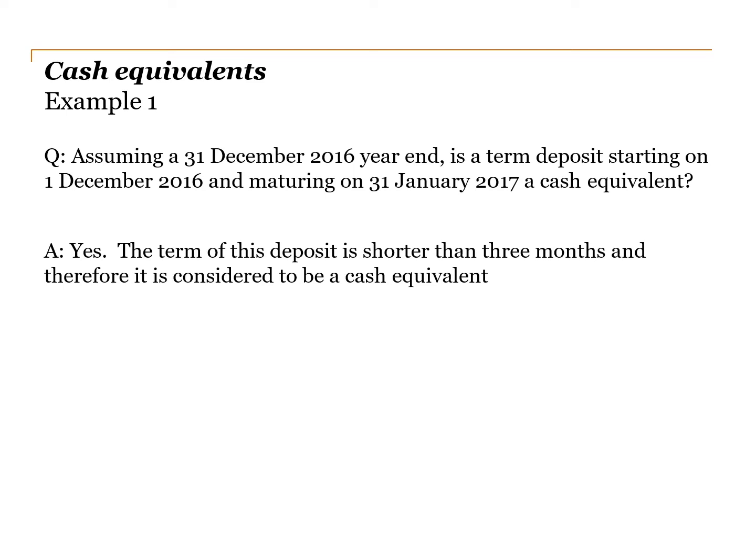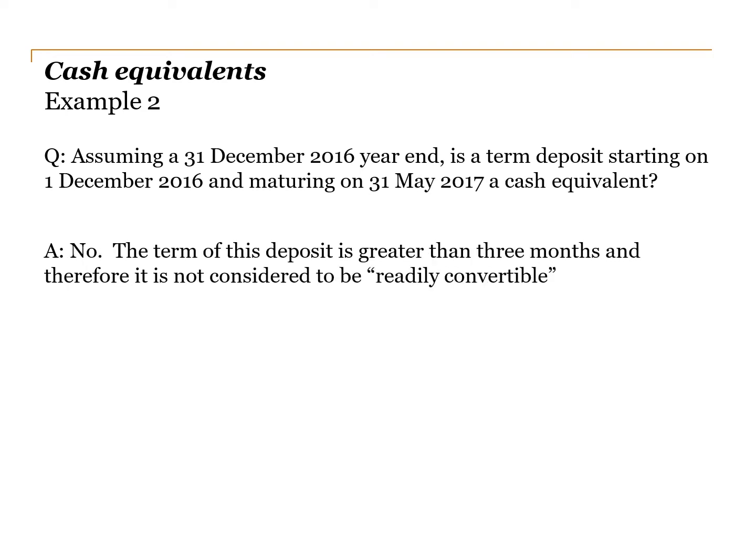For those with maturities between 3 and 12 months, the maturity will define actually its classification, which is part of current assets. For those with original maturities bigger than 12 months, the classification will be part as of non-current asset.